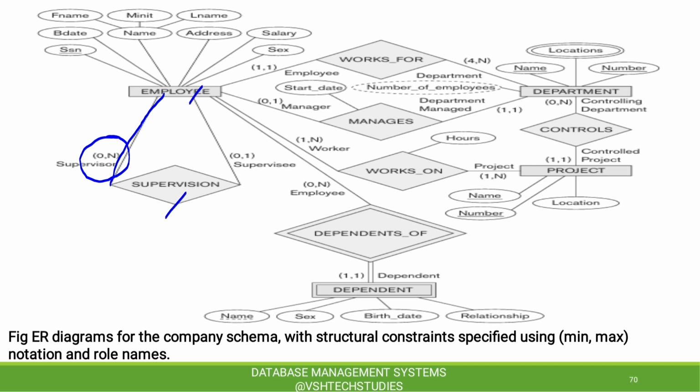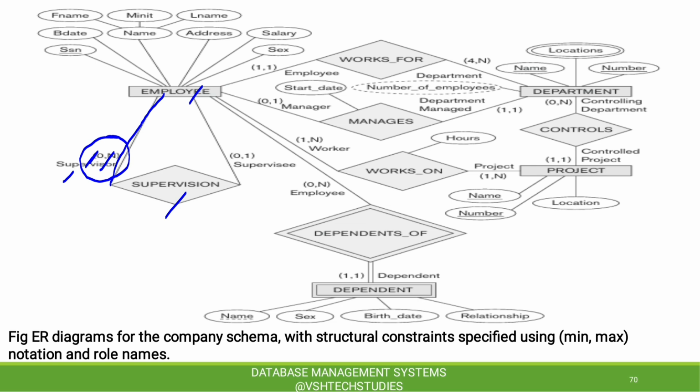Here the employee is playing the role of supervisor. This 0 minimum number indicates that the employee is supervising 0 number of employees, means he is not a supervisor at all. So to the minimum he can supervise 0 number of employees. To the maximum he can supervise n, means any number of employees.